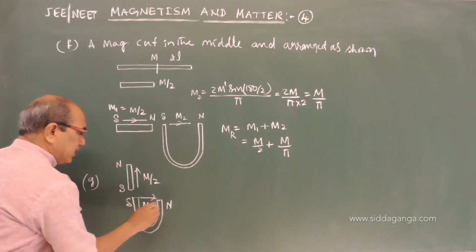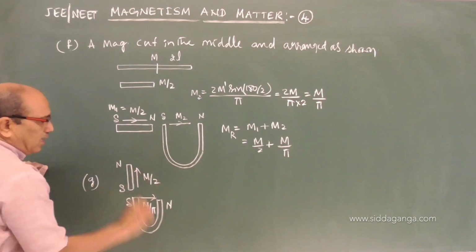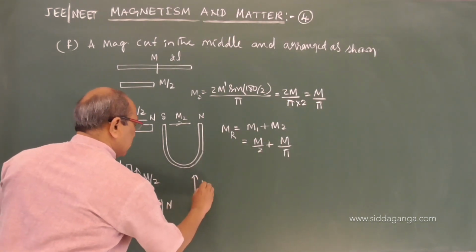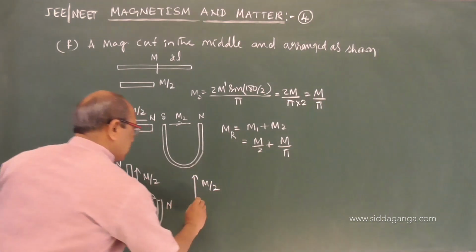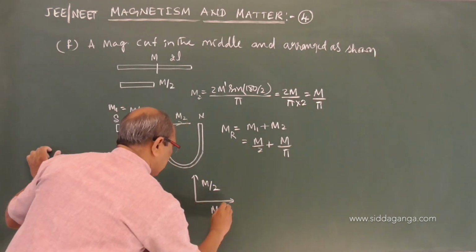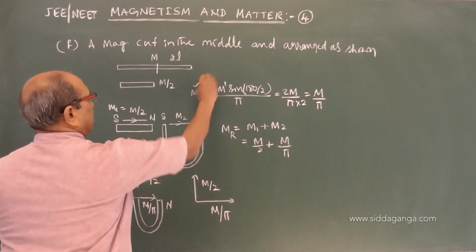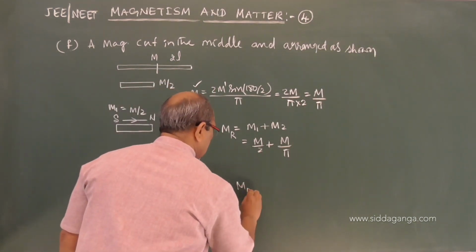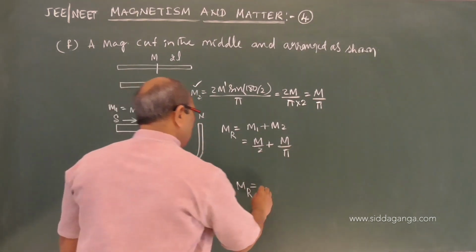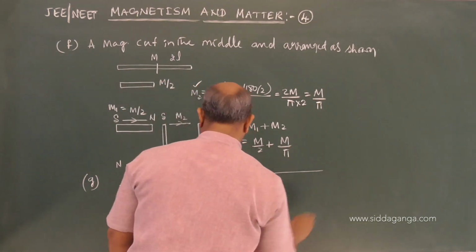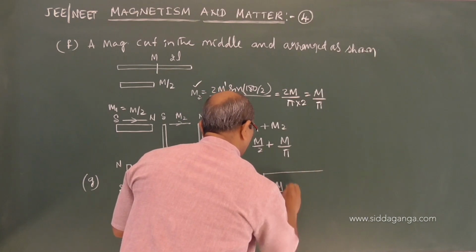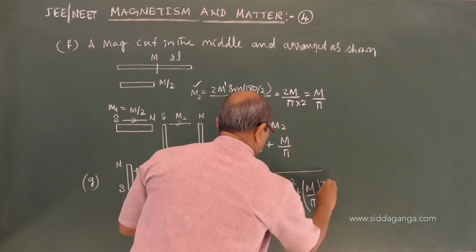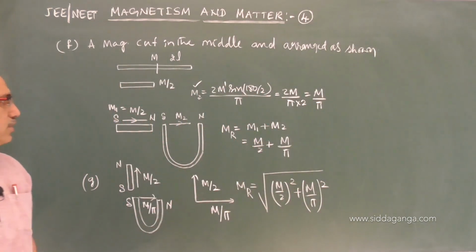Carefully you have to see the direction of the moment, the new moment and the value, both. Here one is m by 2 and the other is m by pi, that we estimated. What is the resultant moment in this case? We see that it is the root of m by 2 whole square plus m by pi whole square, as they are perpendicular to each other.